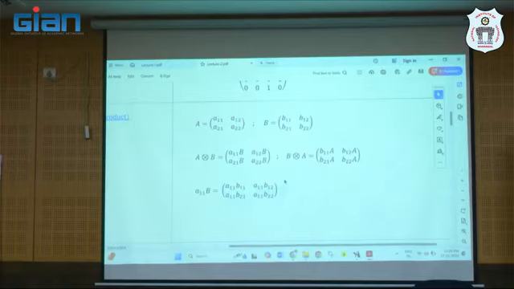A11 times B11, A11 times B12, A11 times B21, A11 times B22. Same size as B. A11 is a scalar, B is a matrix. A11 times B is this matrix here, every entry of B.